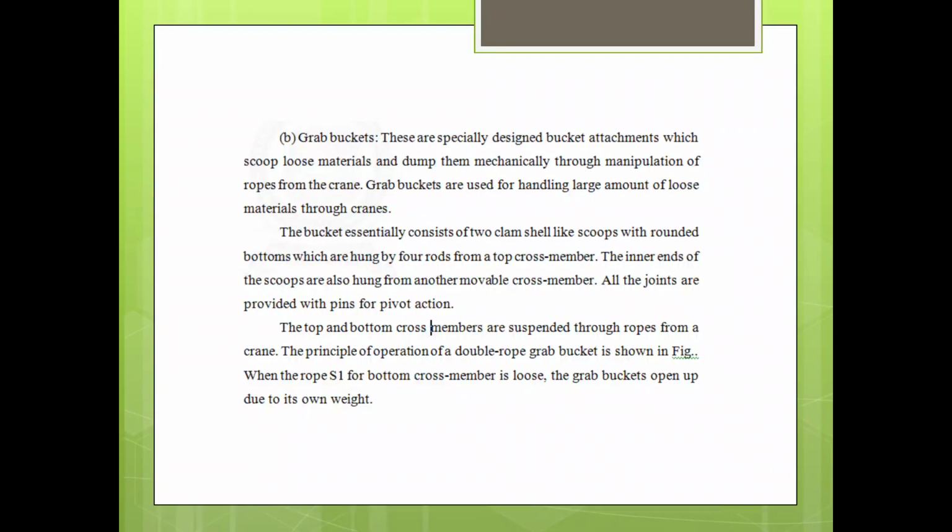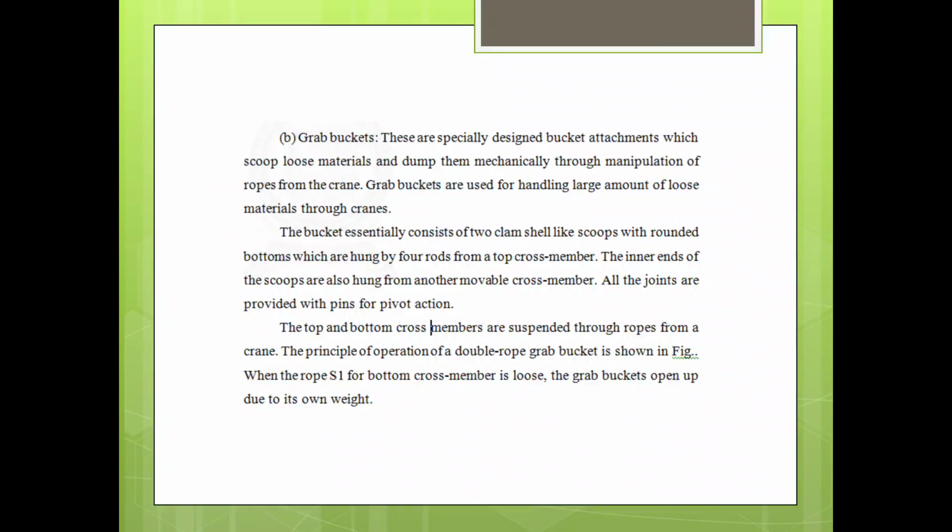Grab buckets. These are specially designed bucket attachments which scoop loose materials and dump them mechanically through manipulation of ropes from the crane. The grabs are used for handling large amounts of loose materials through cranes.